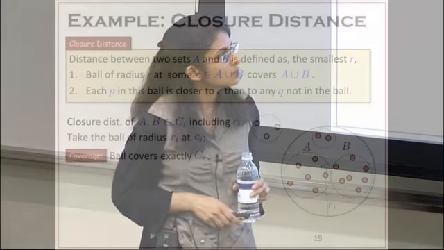OK, so we have the sets A and B. If it's not clear, A and B are the bigger sets. I'm going to draw a ball of radius Ri at the center, and I'm going to show you that it has the desired properties.